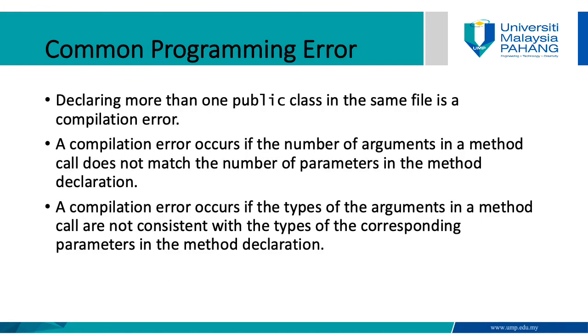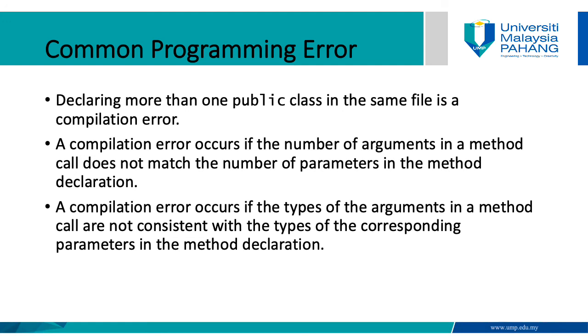So the most common programming error is something you can catch yourself, right? But you have to be careful when you declare your class, and be careful when you define the arguments and the parameters. Make sure the number of arguments in the method and the number of parameters must match.